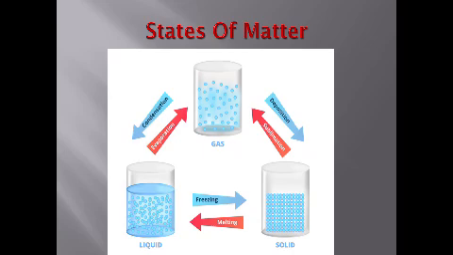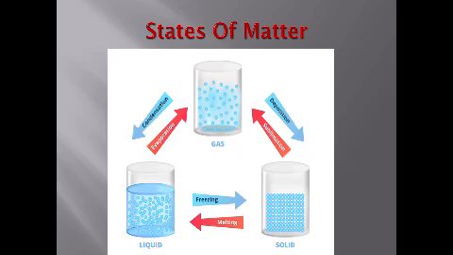Similarly, when gas particles change into the form of a liquid, it is known as condensation. In foggy weather we can see the phenomenon of condensation. Similarly, if gas particles directly change into a solid, it is known as deposition. And if solid particles directly change into a gas, this is known as sublimation.